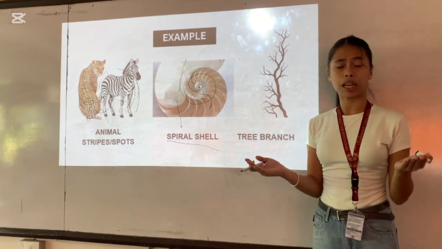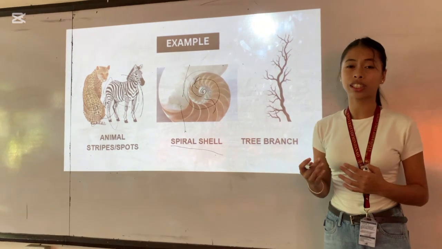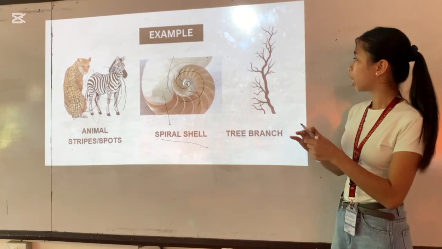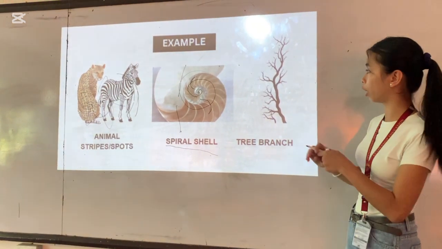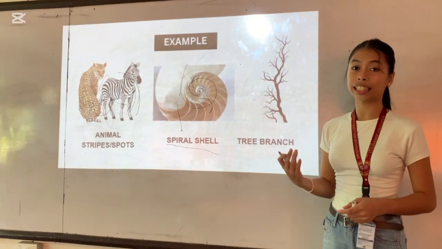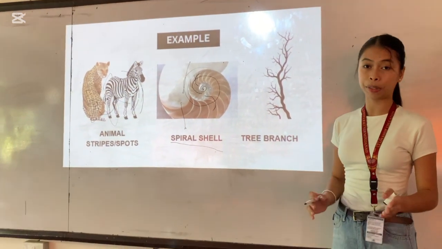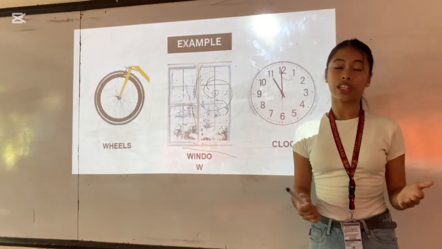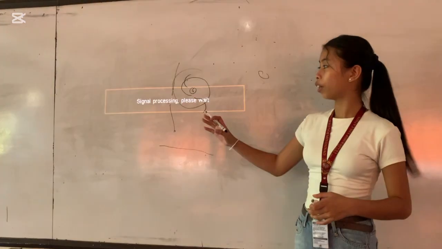So what is fractal symmetry? A fractal is a pattern that has self-similarity. That means even if you look at it at its large size or at its smaller size, it still looks exactly the same. So this is an example of fractal symmetry. This is what we commonly see in our house, in school, or in our surroundings.